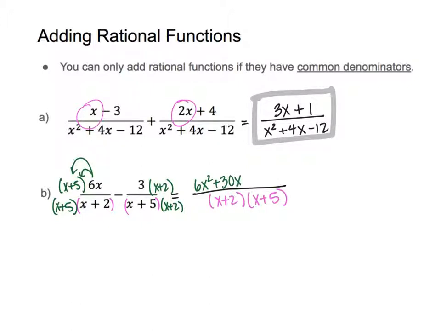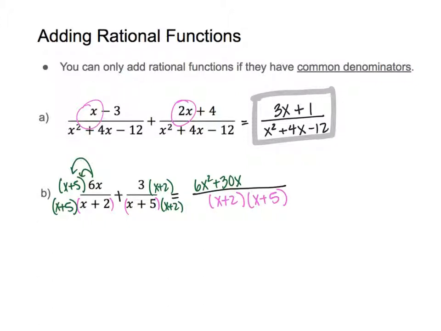Okay, I just noticed something here. I totally forgot that this minus sign here, by the way, should be a plus sign. Let me fix that real quick because we're doing adding rational functions. So if you want to just change that minus sign to a plus sign, make sure you do that before we do this problem. We'll do subtraction in the next slide, but let's just do addition for now.